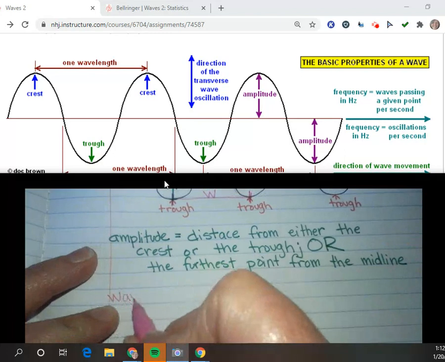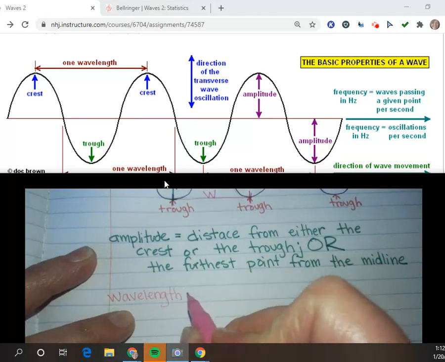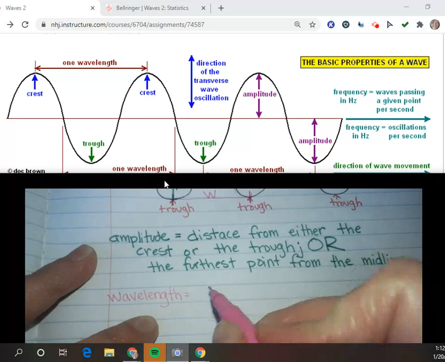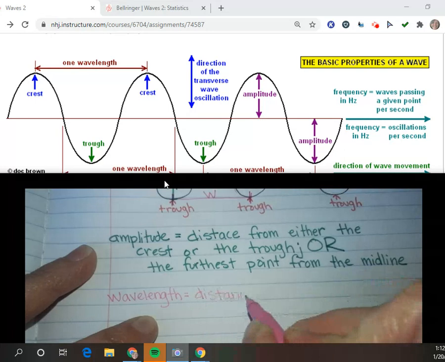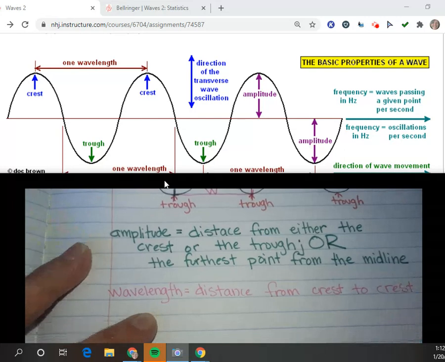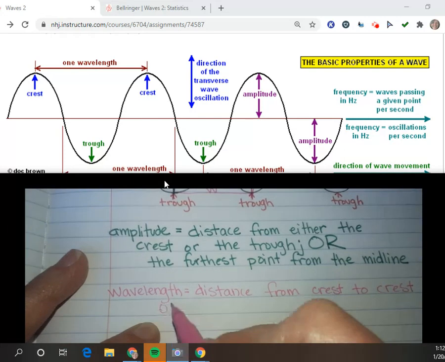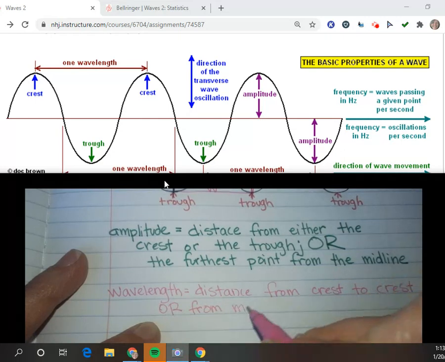Wavelength. Again, it is a distance from the same point, from matching, we'll say.